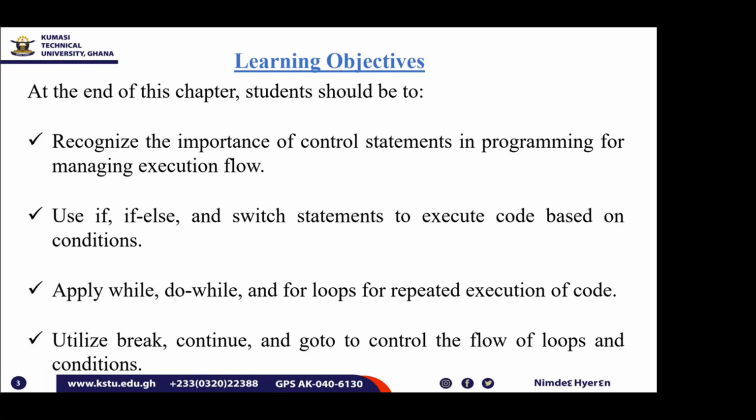You'll also be able to apply while, do while, and for loops for repeated execution of code. Then you utilize what we call break, continue, and goto to control the flow of loops and some conditions. So basically, these are the objectives for this particular unit, control statements.